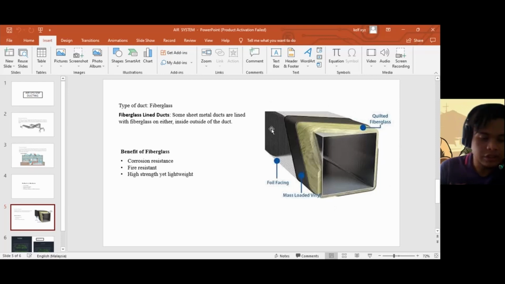This lining provides insulation to keep air at the correct temperature, prevent the formation of condensation, and muffle the sound of the HVAC system. The ability to muffle sound makes fiberglass-lined duct a popular choice in office or commercial buildings.